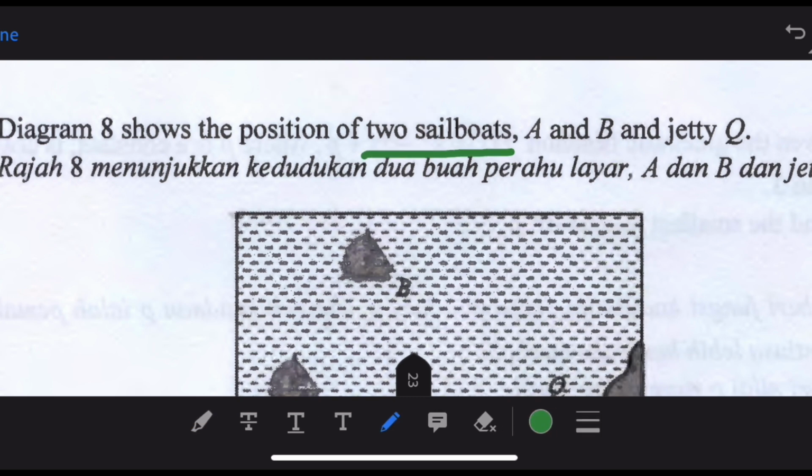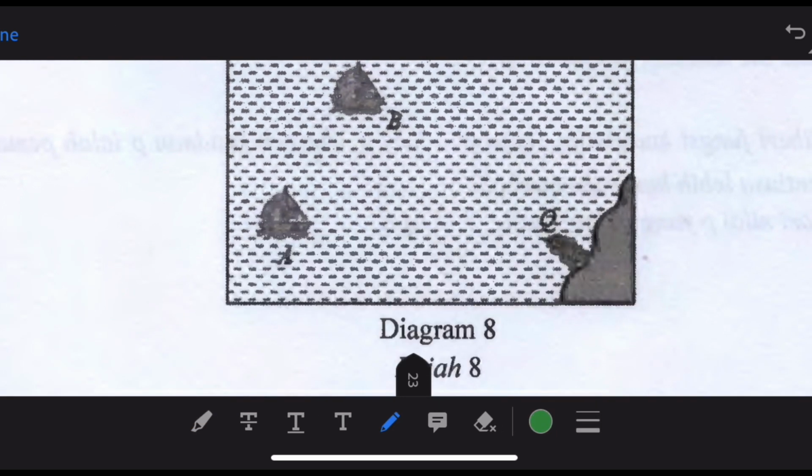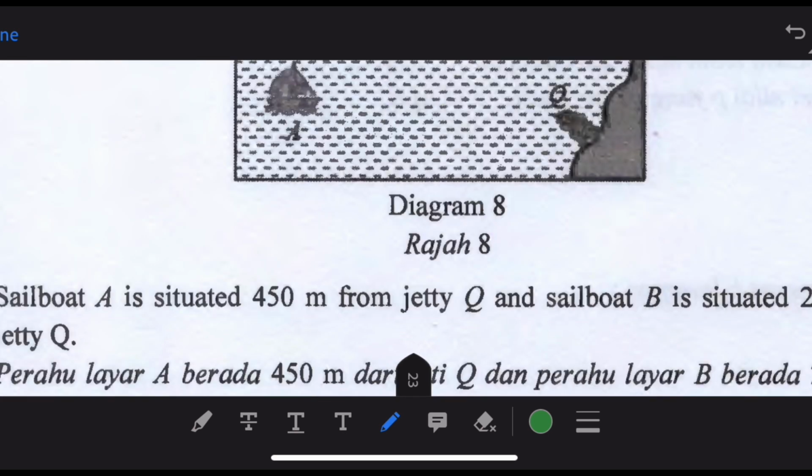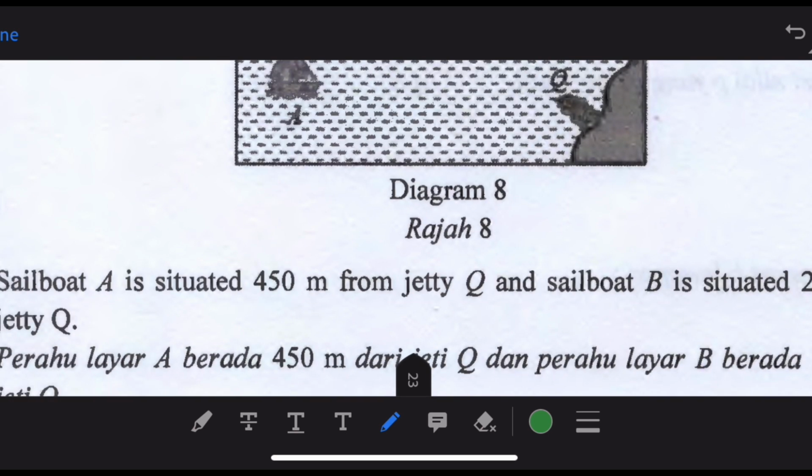You just table the distance between the A to Q and the B to Q by using the distance.